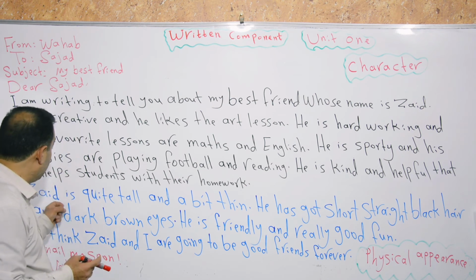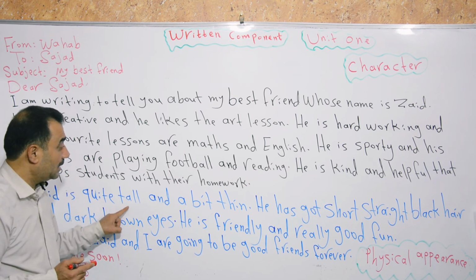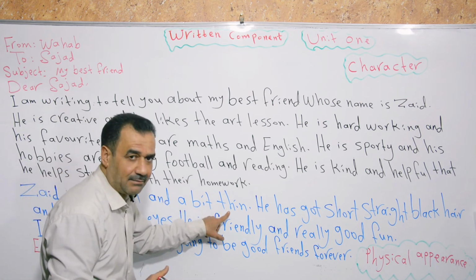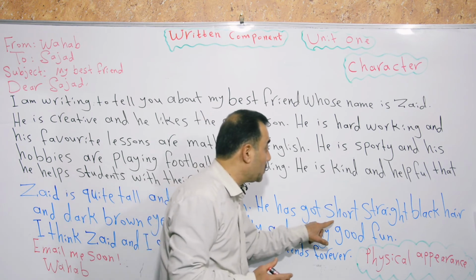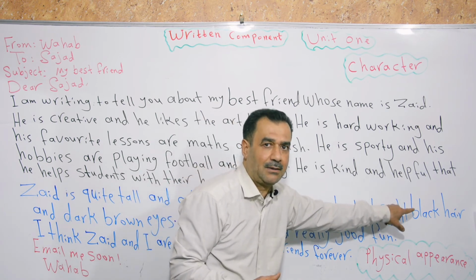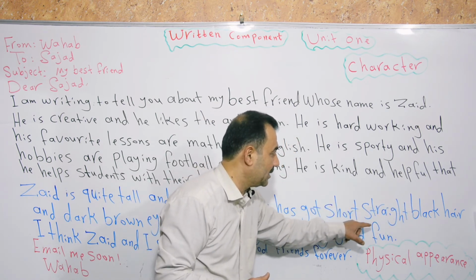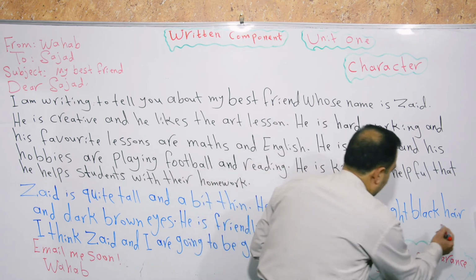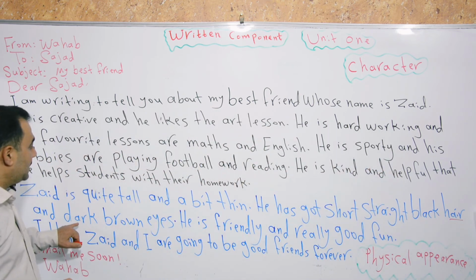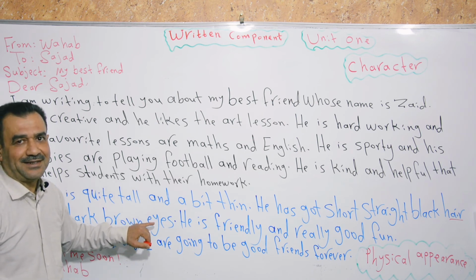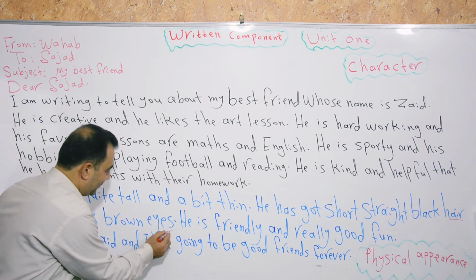Now, Zaid is quite tall and a bit thin. Here, physical appearance. He has got short, straight black hair. Describe what? Describe his hair. Okay? And dark brown eyes. Describe his eyes.